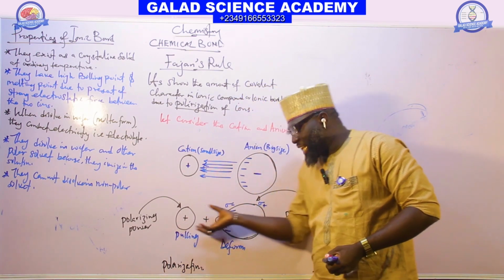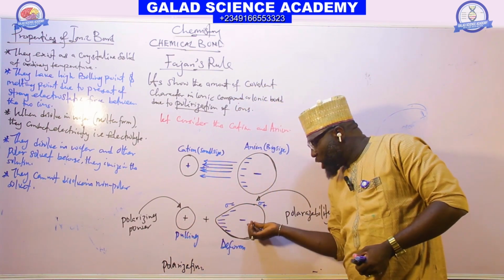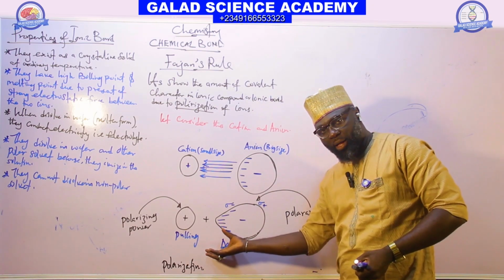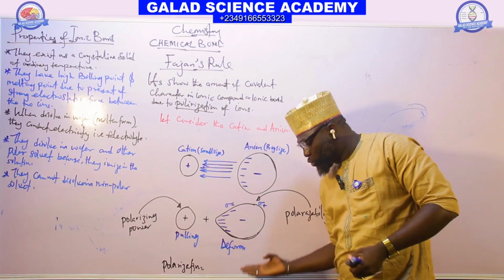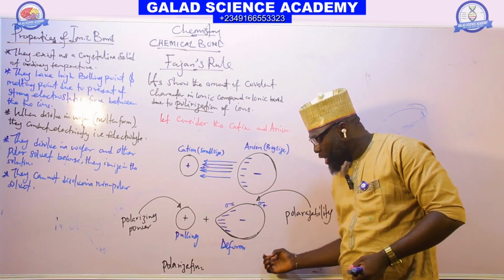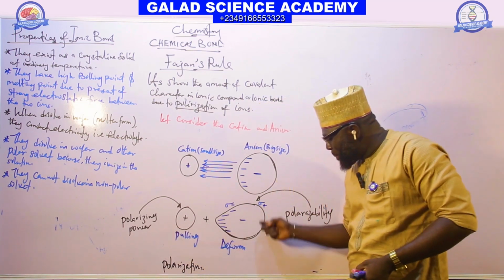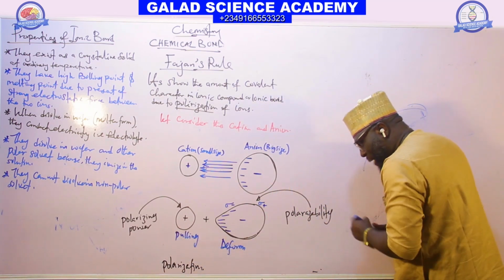When the electron moves toward the cation, the anion will be deformed from a circle to a dumbbell. It will deform or distort.